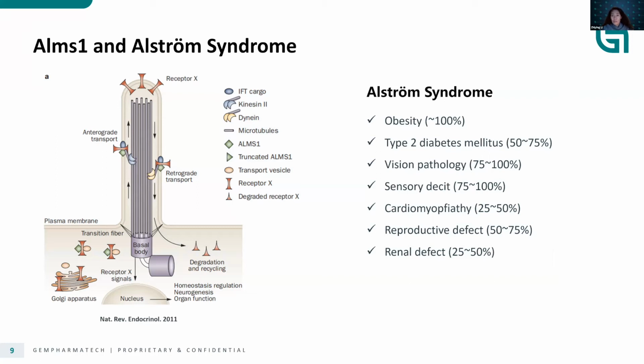So for today's topic, what I want to introduce to you as a continuation from the February webinar is the Alms1 mutant animal. Alms1 is a gene that is responsible for a particular human inheritable disease called Alström syndrome. This syndrome is present in the human population.